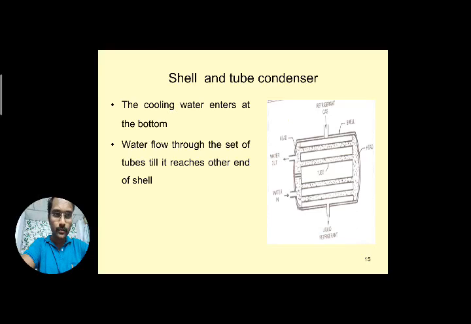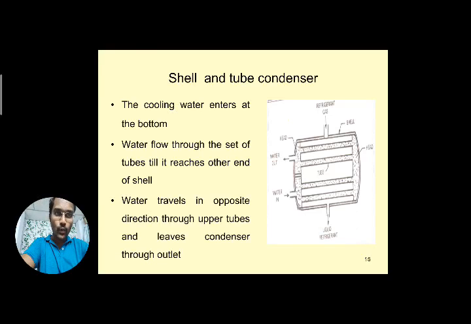Then the water travels in the opposite direction through the upper tubes, making a reverse direction at the top, and leaves the condenser through the outlet. So here the hot water goes out after exchanging the heat.